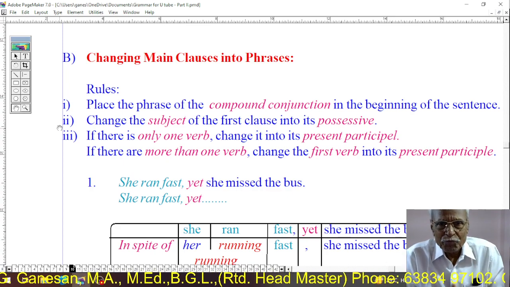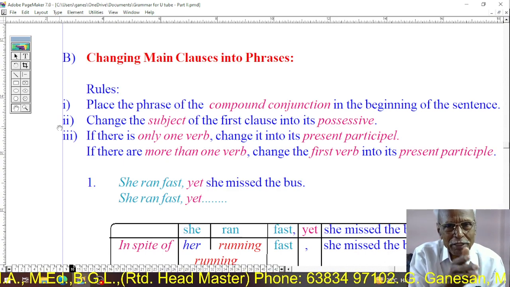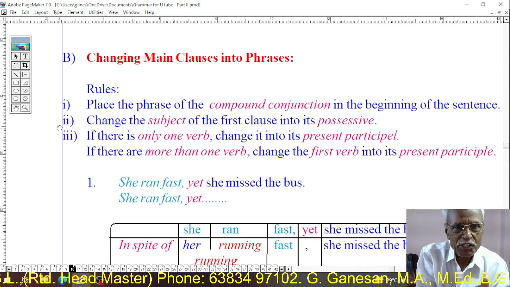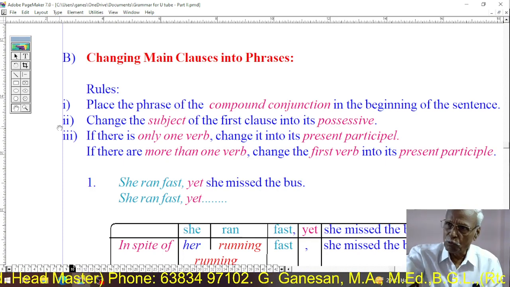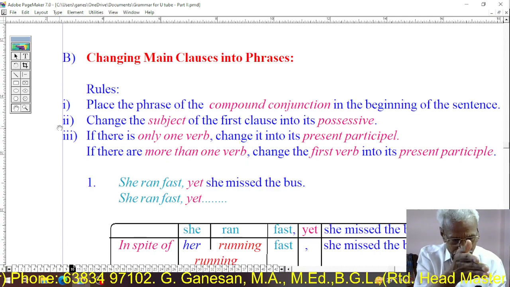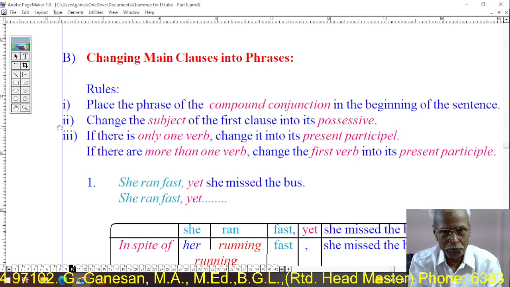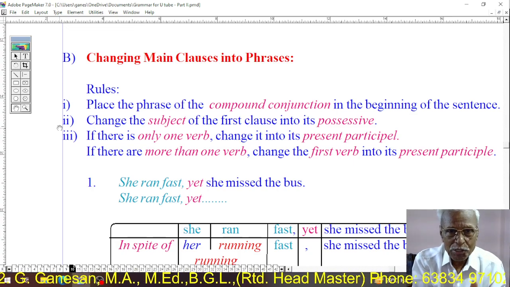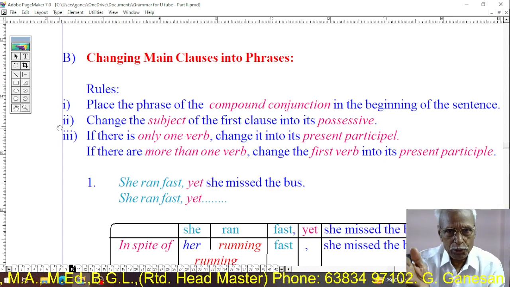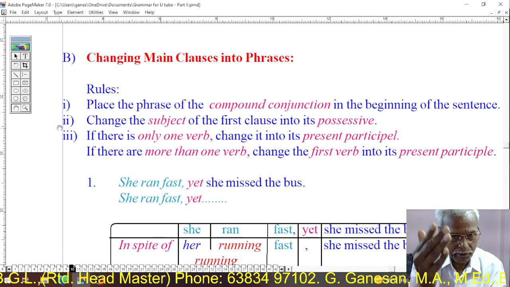First of all, remove the compound conjunction and place its phrase first. Then regarding the subject, change it into its possessive or remove it, according to the cases that we have seen above.